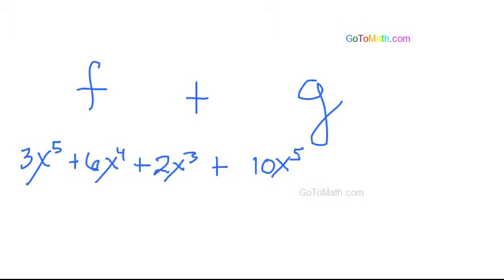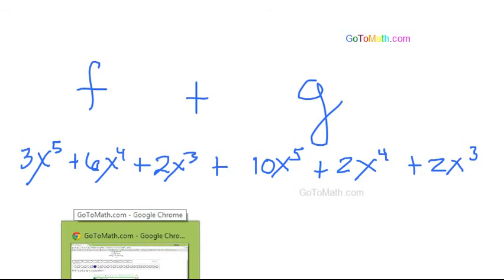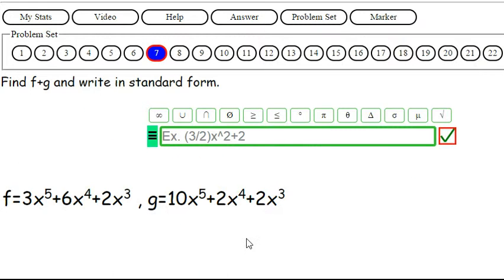Now this is our g. Plus 2x to the fourth plus 2x cubed. Also, what? Are you sure? Okay, what's the probability that these are both the same? That's your homework assignment.